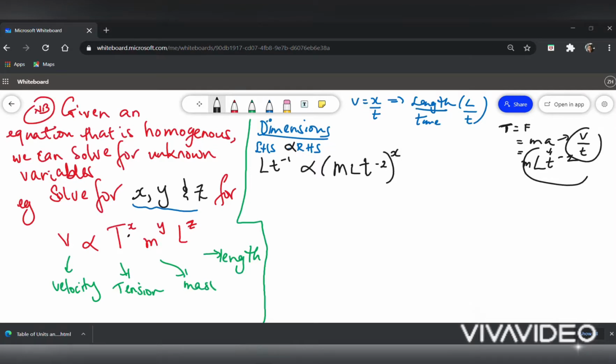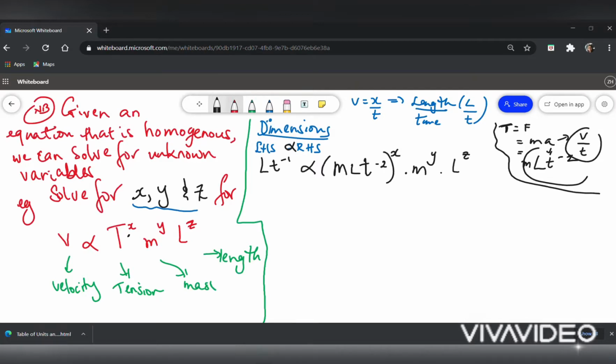So of course this is where it gets quite interesting. And in breaking down everything else, mass is still mass, to the power of y. And length is still length, another basic quantity, to the power of z. So this is really one we have to pay attention to.